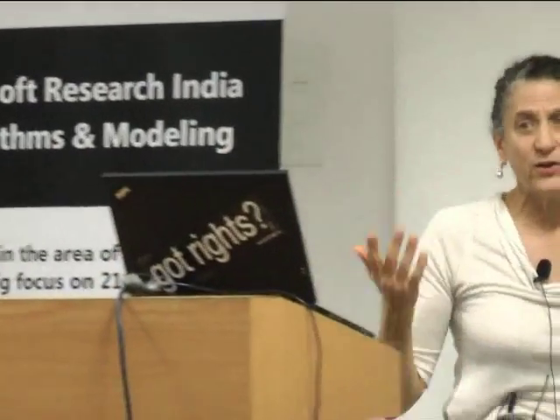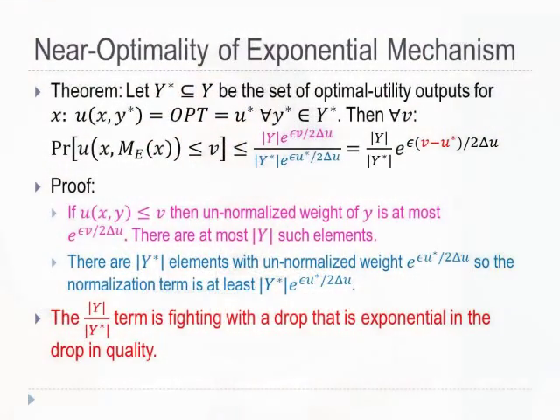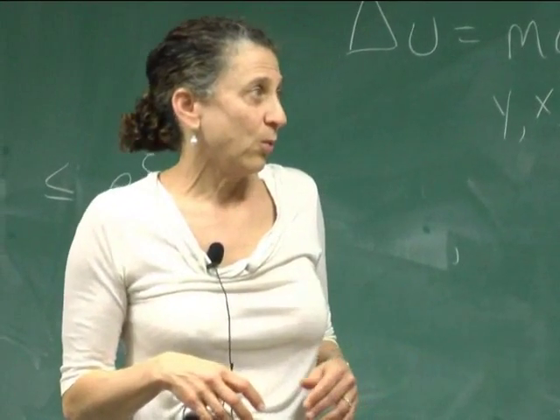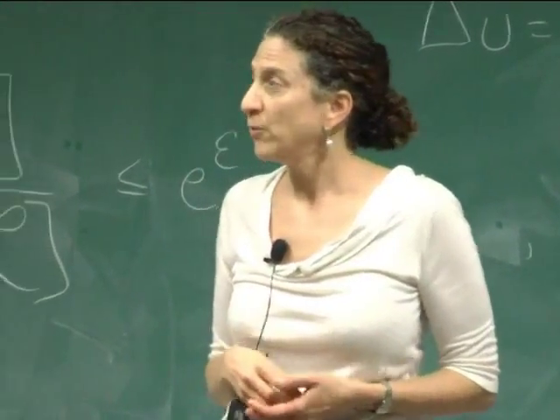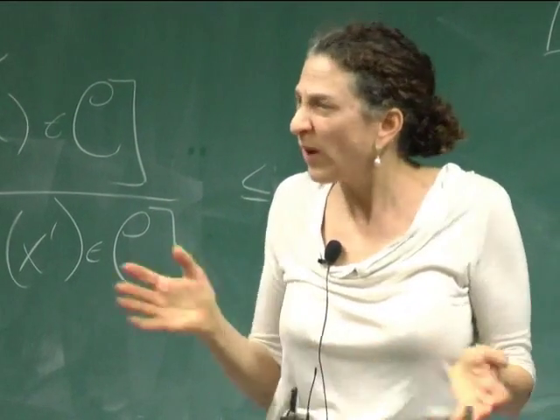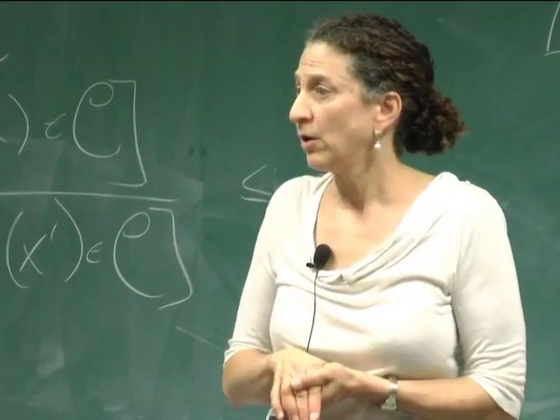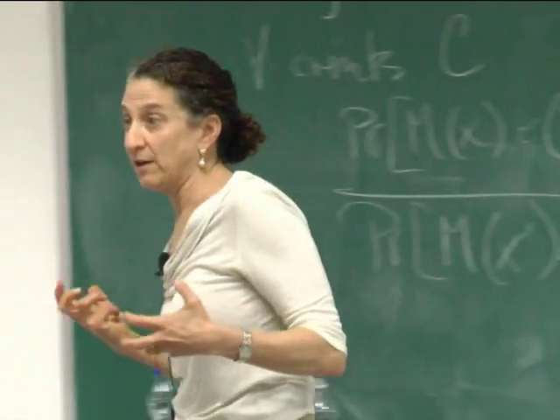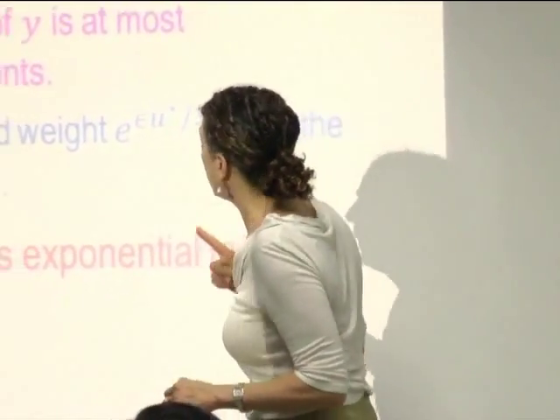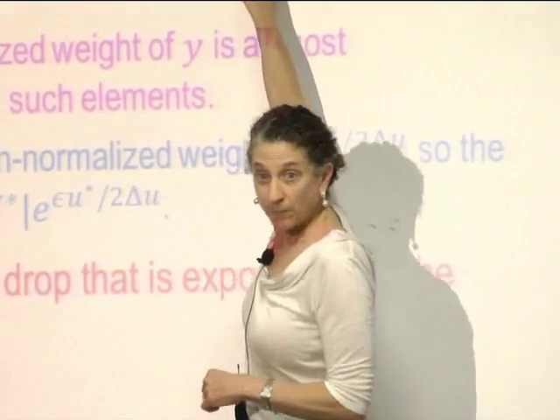Well, is this good or is this bad? I don't know. Does it look good? Does it look bad? It's hard to say. What's going on here is, okay, we want this number to be small. If v is less than u star, we want this number to be small. What's making it big? What's making it big is this term.